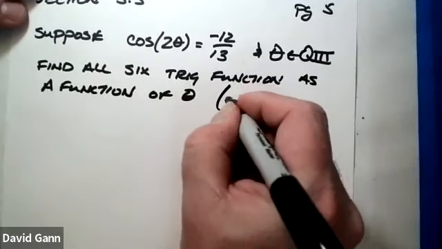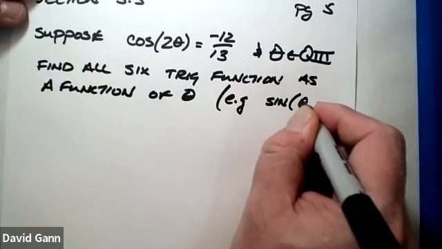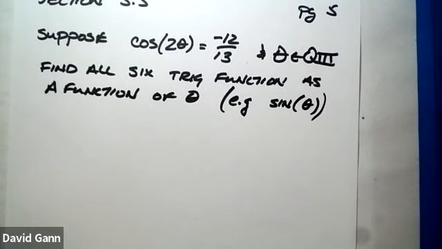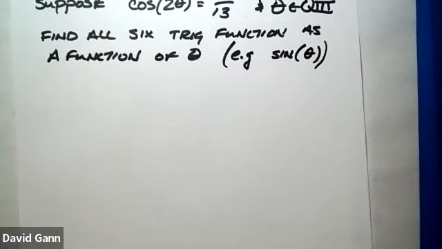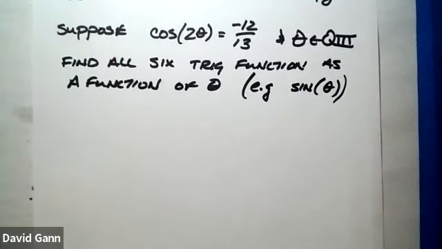So for example, we want to find sine of theta, not sine of 2 theta. That's basically what this is saying. So let's start. There's many ways to do this because we have all of these interrelationships. But remember, in order to solve this problem, all we minimally need is the value of any one trig function and the quadrant.